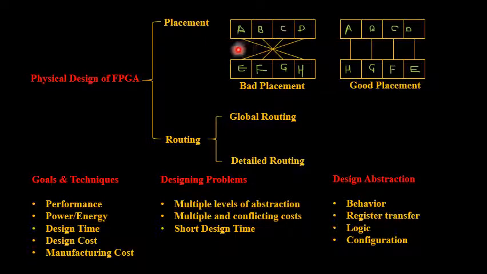If you see this particular arrangement, it is going to take too much delay, because you are going to make use of a cross connection. You are going to place each block that has to be connected to the other too far away from each other. So these may be the problems you are going to face in routing, when you make use of nets or wires.